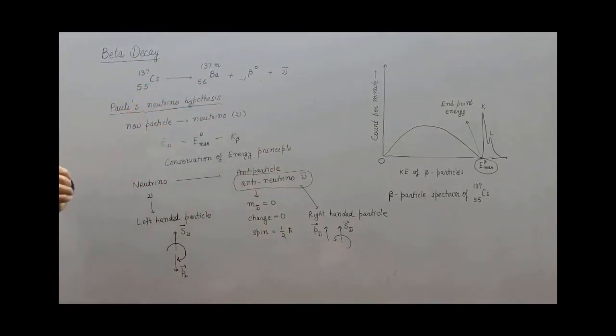Now this equation will be complete. In this way, on the basis of his hypothesis, Pauli was able to explain most of the points raised in the beta particle energy spectrum of the beta decay process.